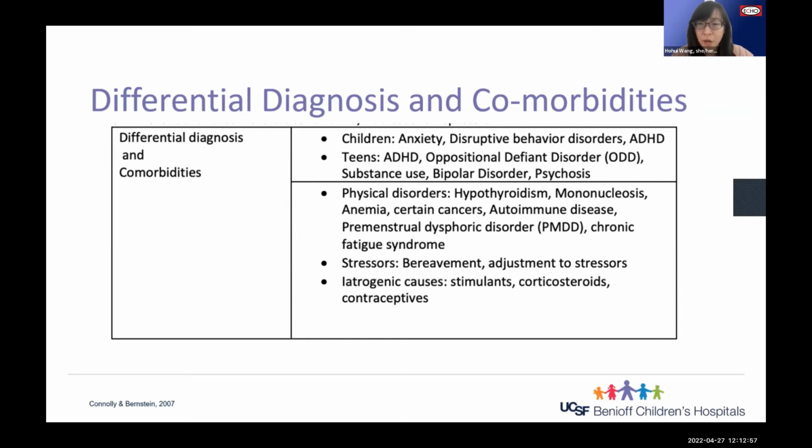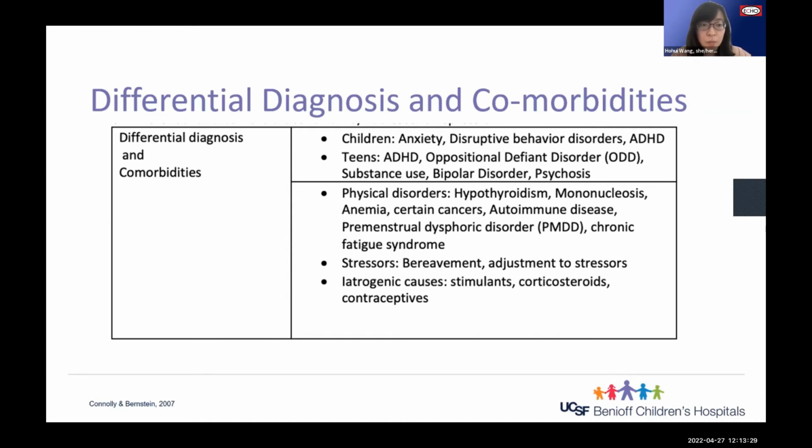I don't necessarily always order labs for all of these conditions, but if there are other concerning symptoms, such as a very abrupt, sudden onset of depression, or an atypical presentation of depression, or the patient has other physical symptoms along with their depression symptoms, then that will be the time that I think twice and consider ordering more labs to rule out other medical causes.